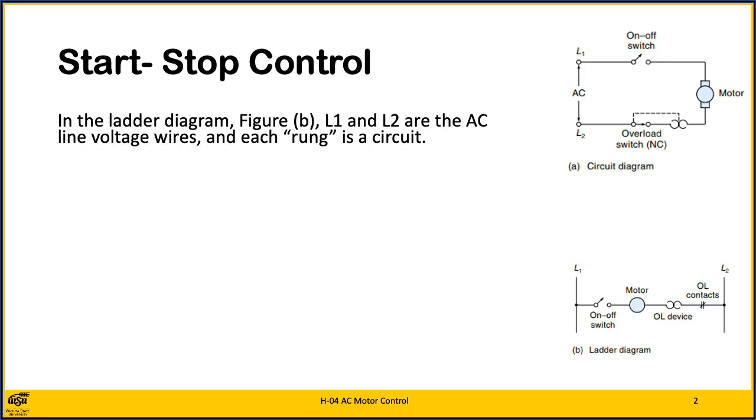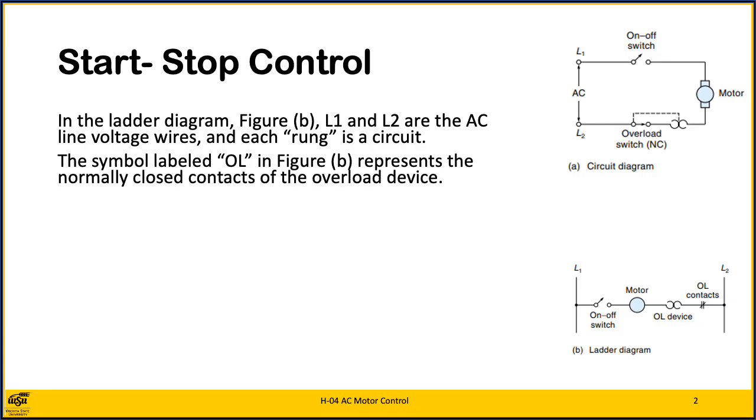In the ladder diagram, figure B, L1 and L2 are the AC line voltages, and each rung is a circuit. The symbol labeled OL in figure B represents the normally closed contacts of the overload device. Normally open contacts would have a diagonal line.